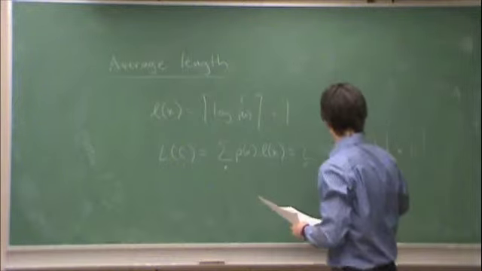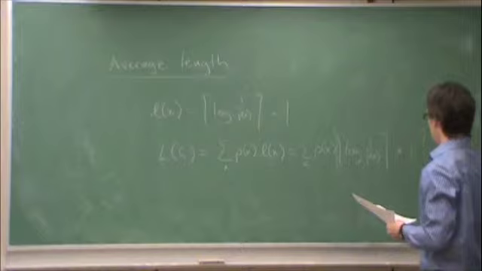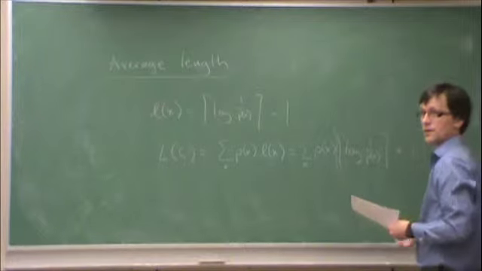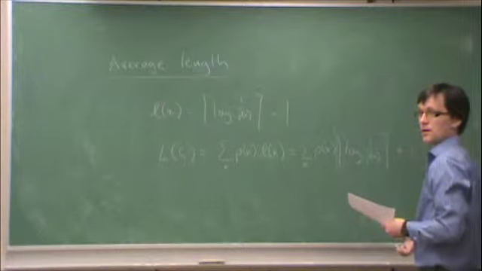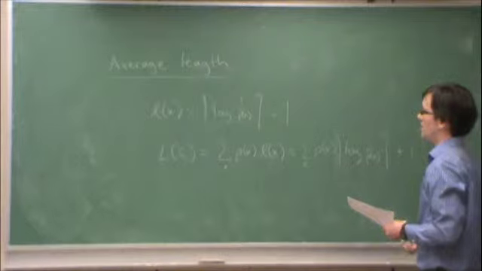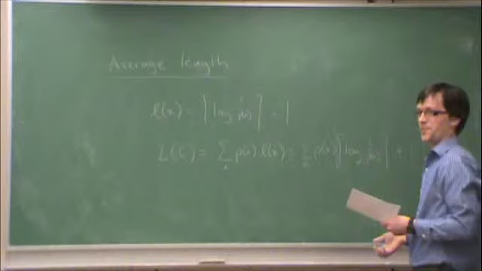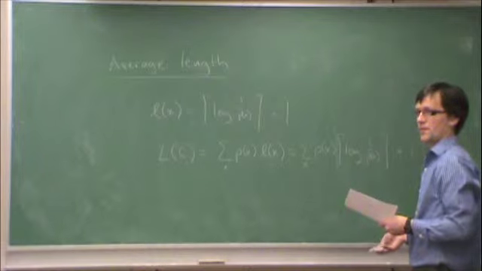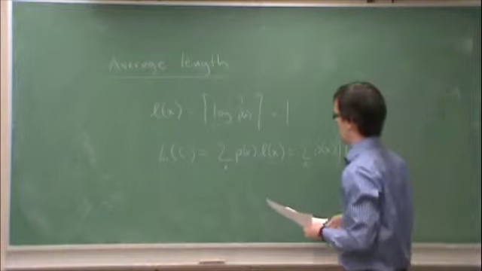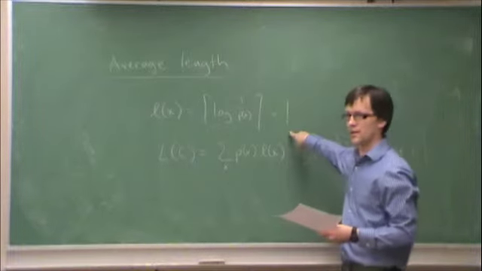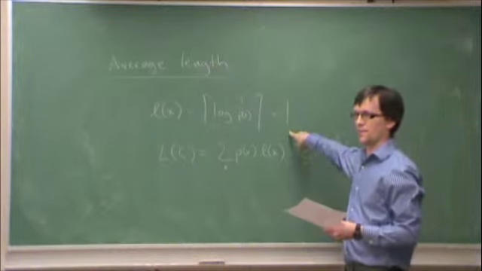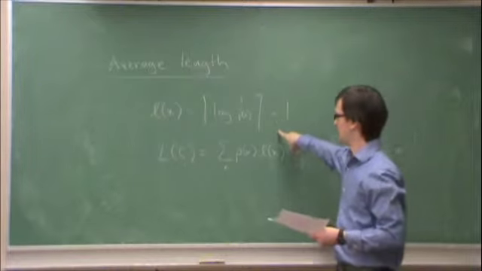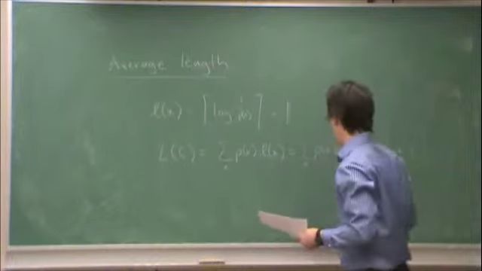Isn't it every code has the same length? What do you mean? All code words have L of x for their length, given by this. So it just depends on the probability. That's right. It depends on the probability, so not all of them will have the same length.